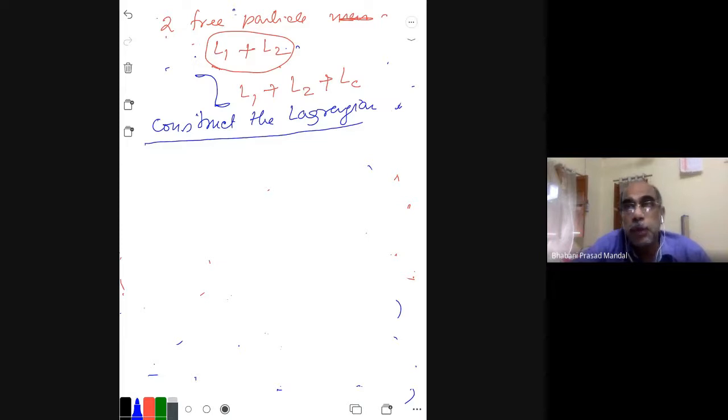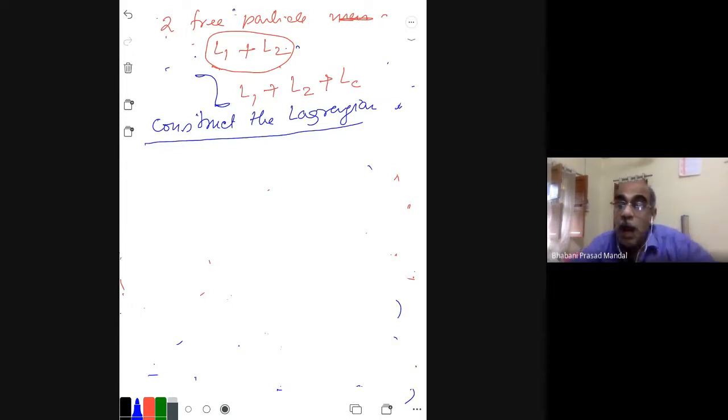So it does not depend on theta, the other variable. So theta is cyclic for central force motion, and in all central force motion, angular momentum is conserved. So this is a physical example of a cyclic coordinate. In central force motion, the angle is a cyclic coordinate and angular momentum is conserved because of this property.